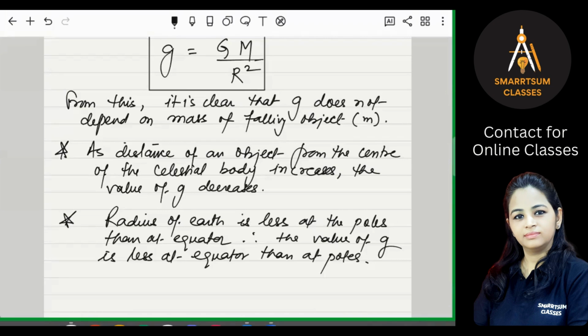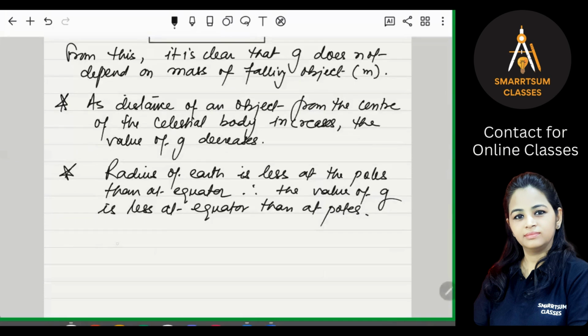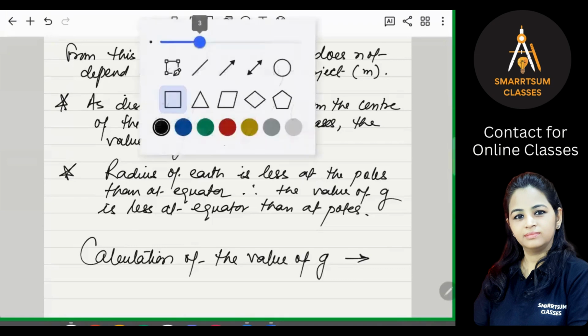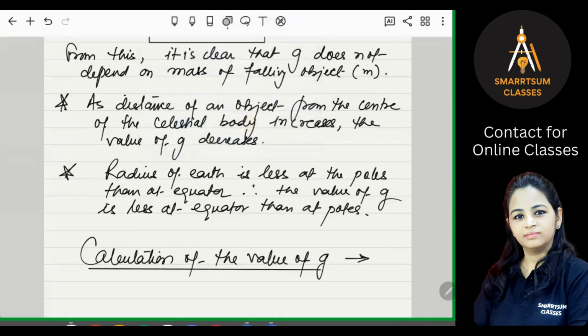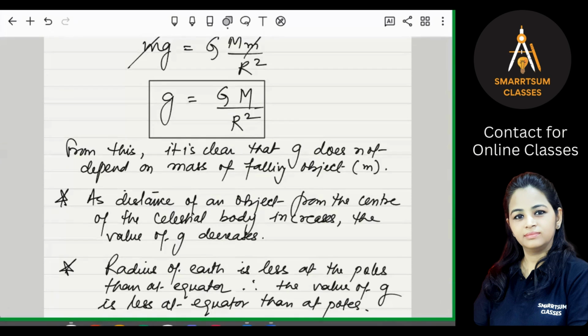Now, how to calculate the value of g, acceleration due to gravity? So put the heading, calculation of the value of g. As we have already seen, small g, acceleration due to gravity, is equal to G, gravitational constant, M, mass of the Earth, and R, radius of the Earth.